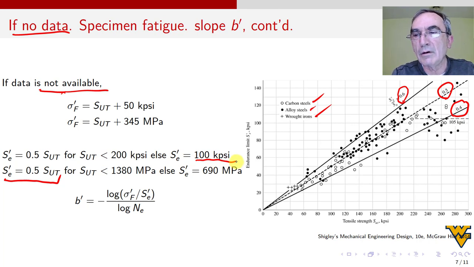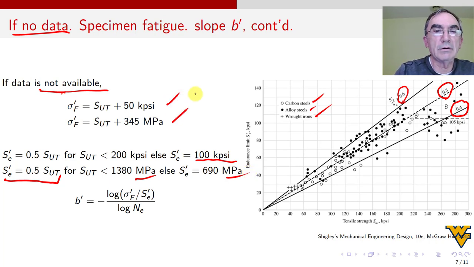That is for conservative reasons, but who knows if this applies to a modern material. And this equation here is in megapascal, the same equation translated to SI units. For homework we're going to use this because we have no data, so these equations are what we're going to use, okay?